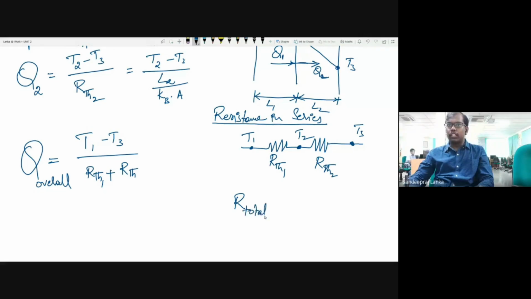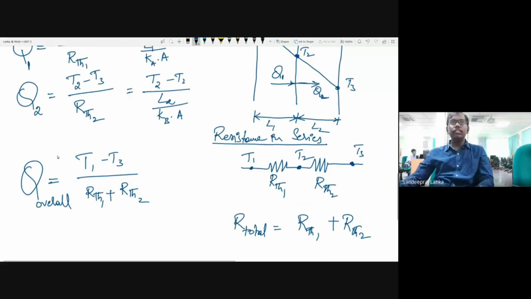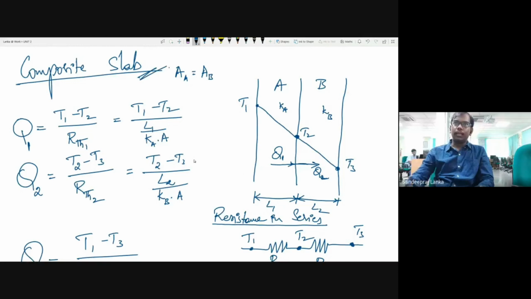Total resistance will be equal to RTH1 plus RTH2. So I have done the same thing and substituted it here. When you go with resistances in series, you simply add the resistances. So this will sum out to the Q overall. This is one particular case of your composite slab.